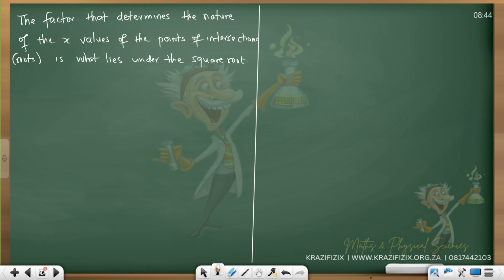I want us to quickly look at this together. This is called the discriminant.